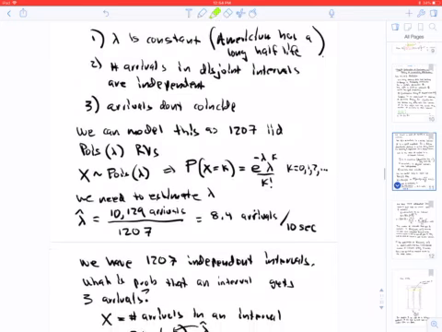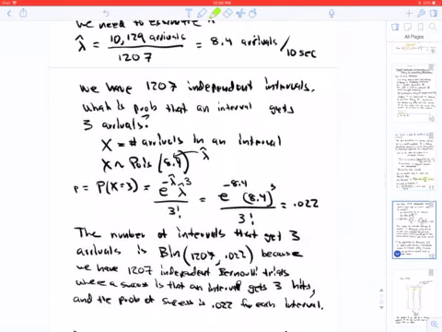And that calculation is just given here, right? Because the probability that your interval has k hits is given by this formula for a Poisson random variable. In this case, we use 8.4 for lambda. So when x is 3, we get 0.022 for your p.